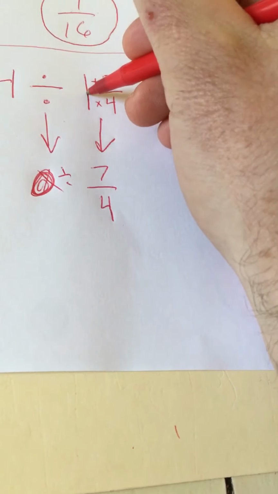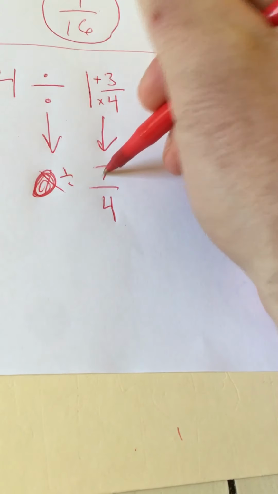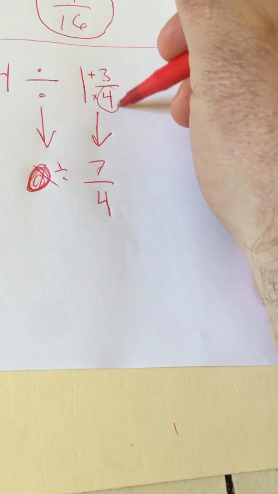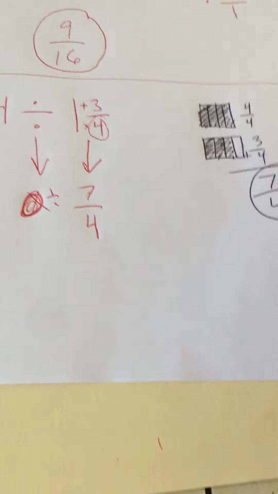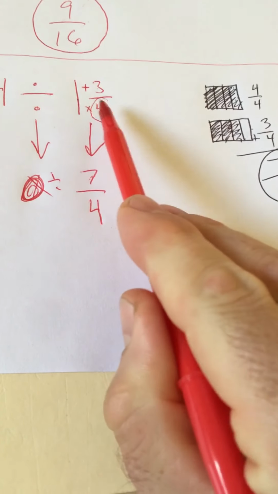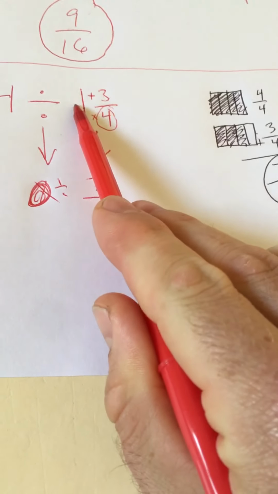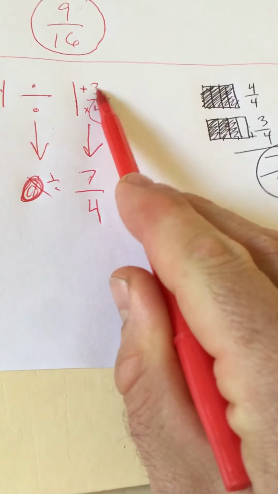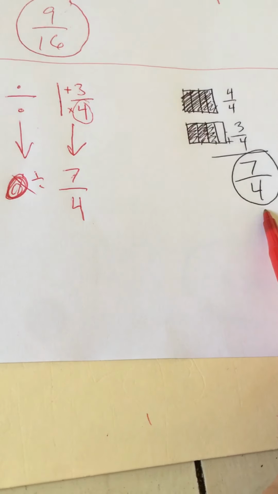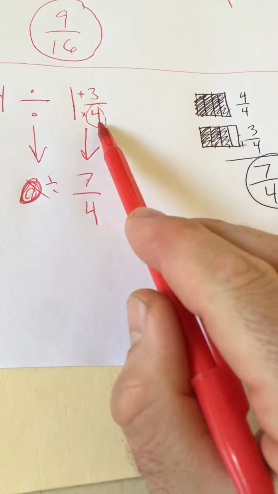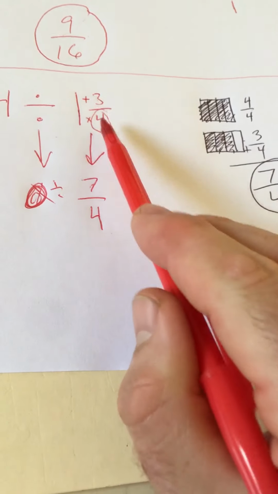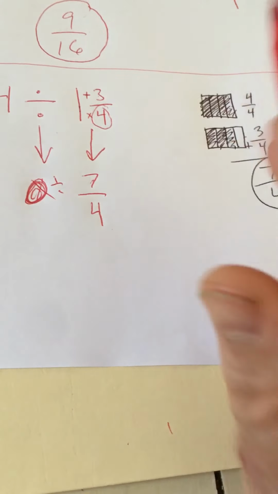So 4 times 1 is 4, plus 3 is 7, and the denominator stays as 4. Because you're basically just counting all the fourths. This whole has 4/4. So if you do 4 times 1, that's 4, plus 3 more makes those 7/4, like we talked about here. So that's a shortcut, you can do it. 4 times 1 is 4, plus 3 is 7. The denominator stays as fourths.